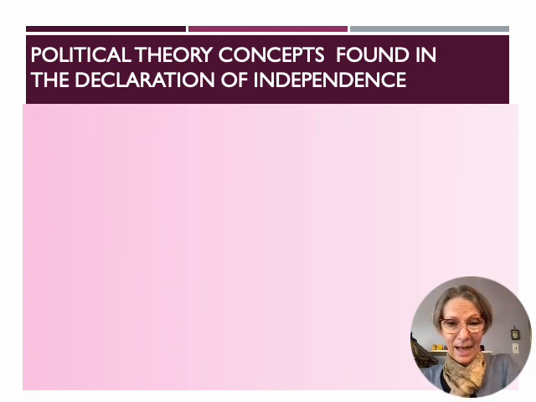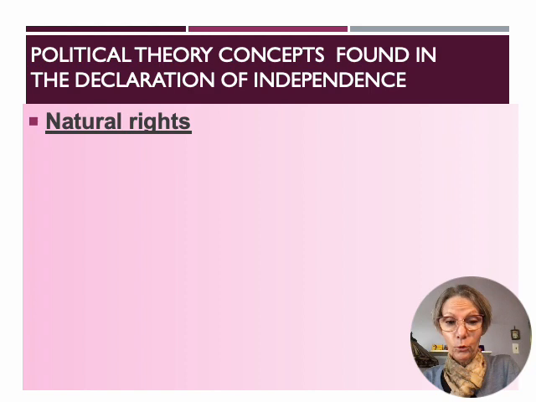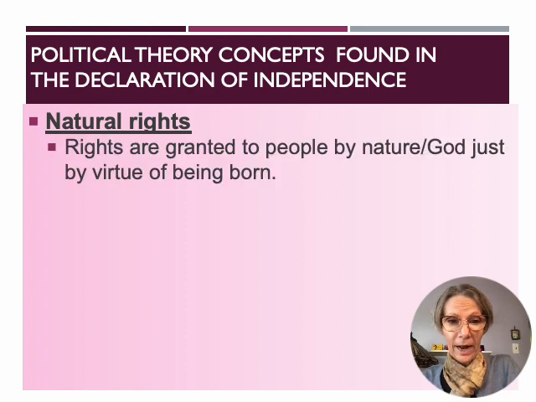The next concept is the concept of natural rights. Natural rights are, as we mentioned, the rights that are granted to people by nature or by nature's God or God. But the founders are very specific in terms of the language that they use: nature's God. It's like they put nature ahead of God.